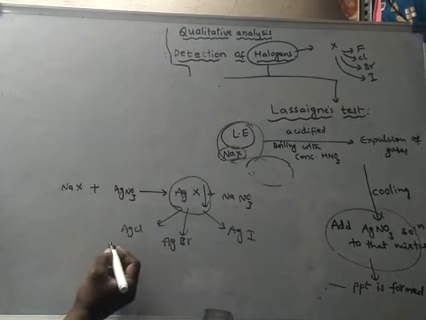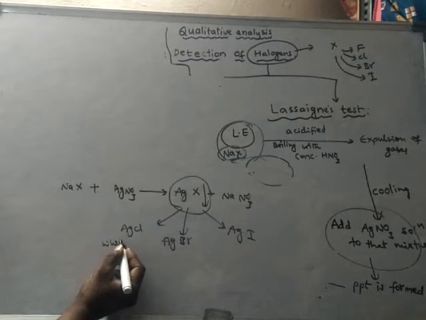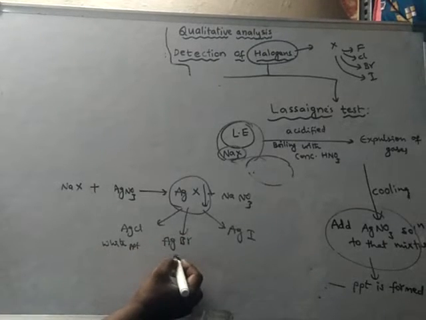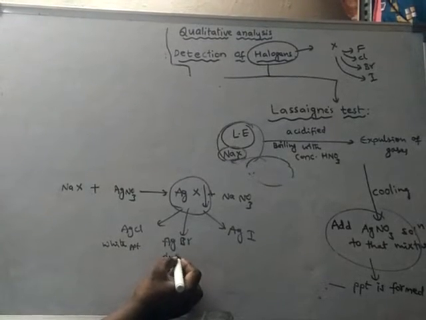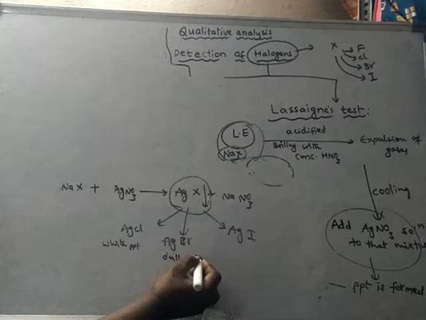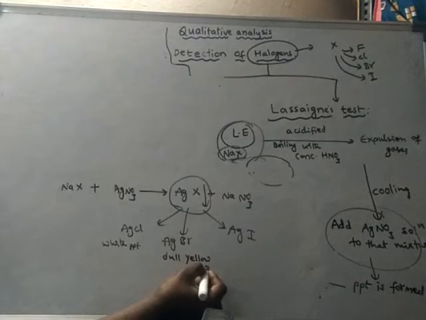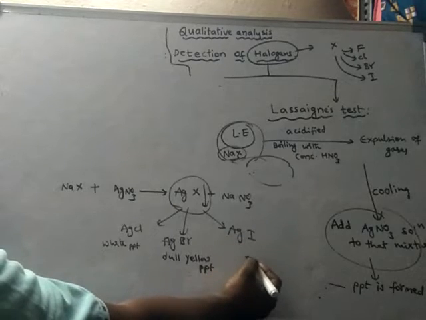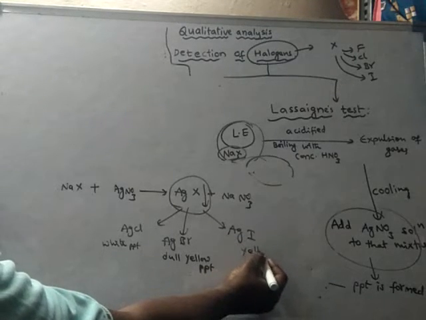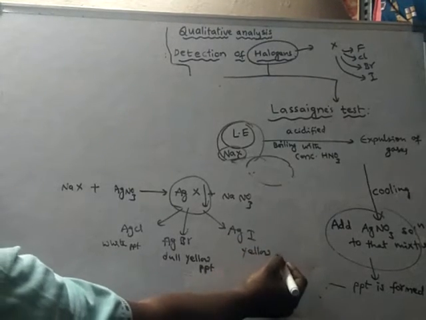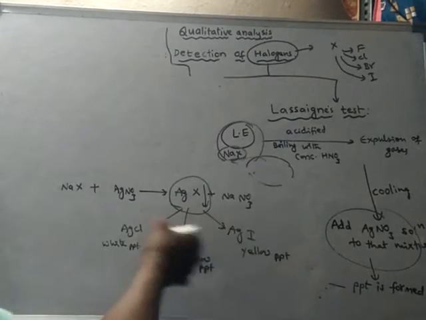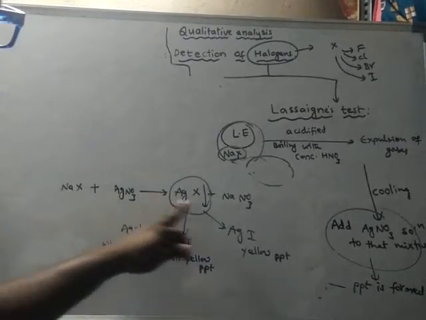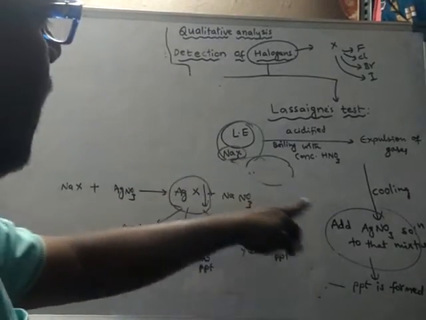If it is silver chloride, it is a white precipitate. If it is silver bromide, it is a dull yellow precipitate. If it is silver iodide, it is a yellow precipitate. All these things we have seen.